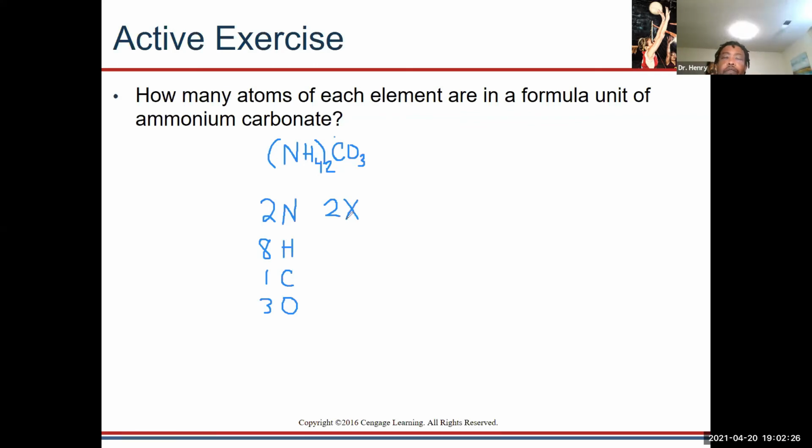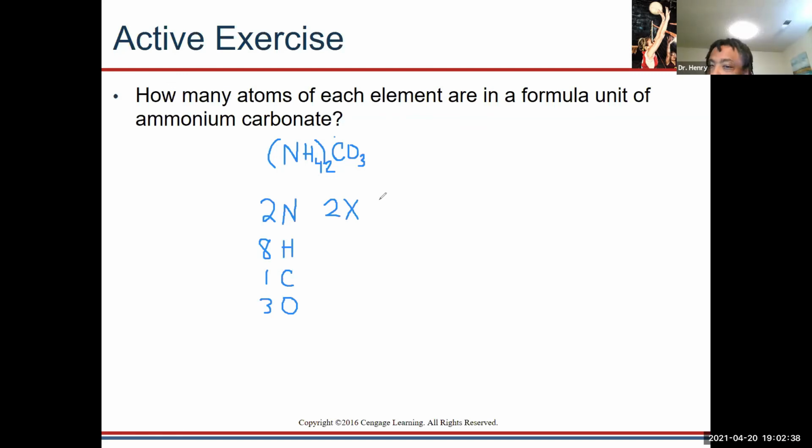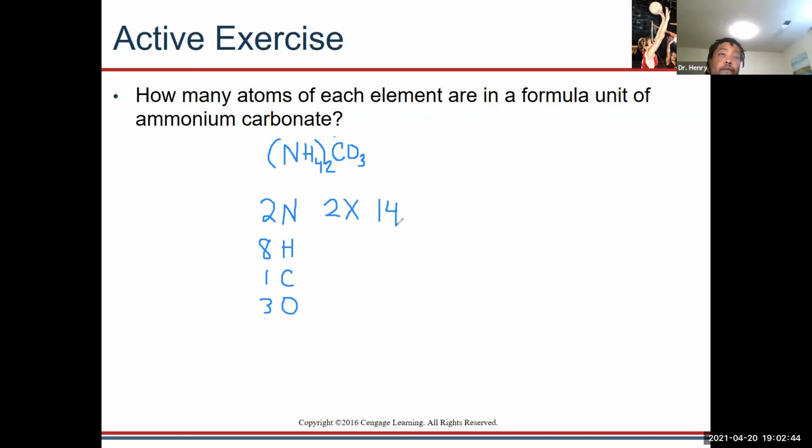What is the mass of nitrogen from its atomic mass? 14. That's right. So we know that nitrogen weighs 14 atomic mass units, AMU, since we're talking about it on the atomic level.